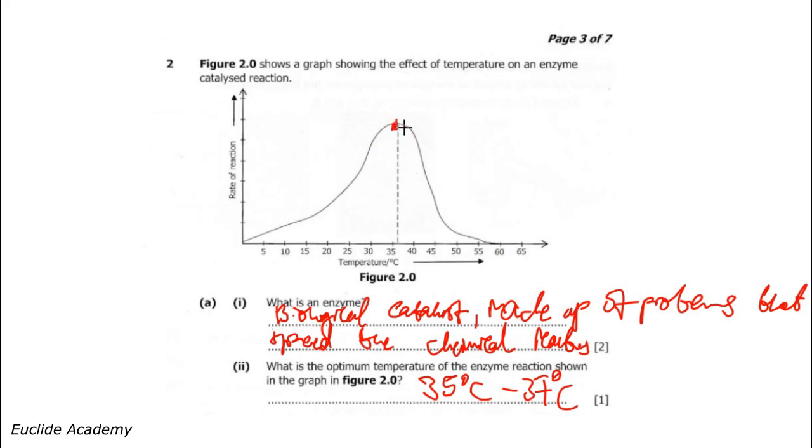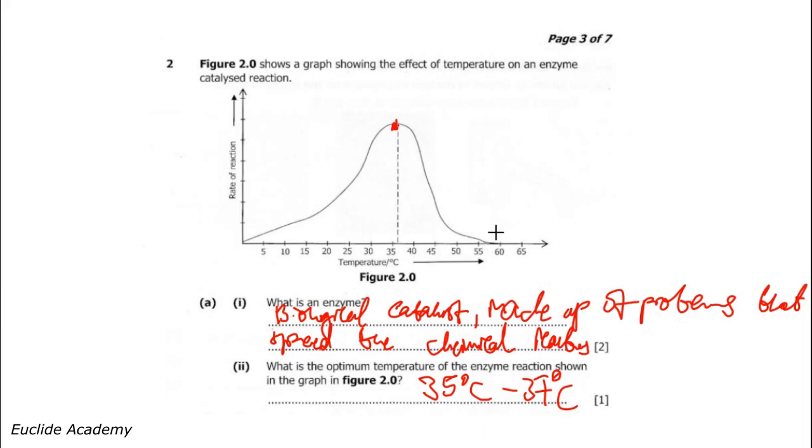On this graph, you can see it's able to operate, we're seeing the rate of reaction, and then it's dropping, and after 55, 56, going to 57, it's completely denatured.